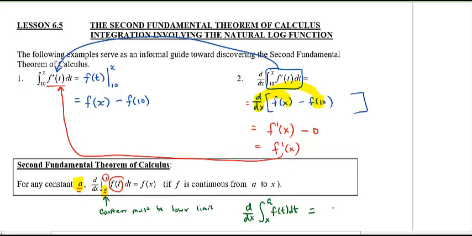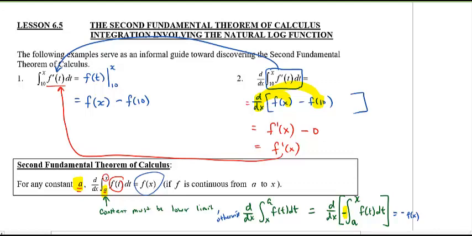So this is really the same thing as taking the derivative of, and if I were to change the a to the x like this, that just makes this whole thing here negative. So your answer in the end would have also been negative, in this case not f prime, just f of x. Alright, so constant must be lower limit for this to work, otherwise it's what I just wrote down there.